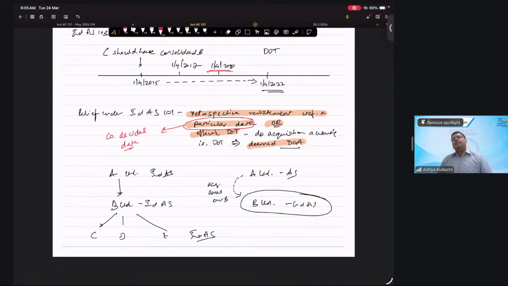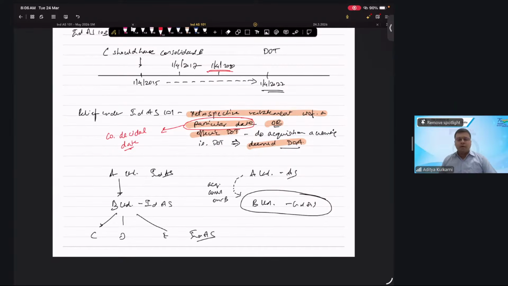Now, what do you exactly mean by a particular date? Why is there reference to a particular date? If Ind AS 101 had to give a benefit, Ind AS 101 could just have said that assume date of transition to be date of acquisition, and whatever has already happened we are going to treat as the date of acquisition and do the accounting accordingly.